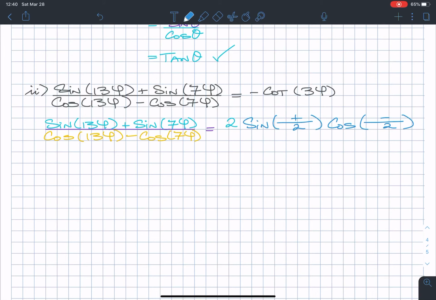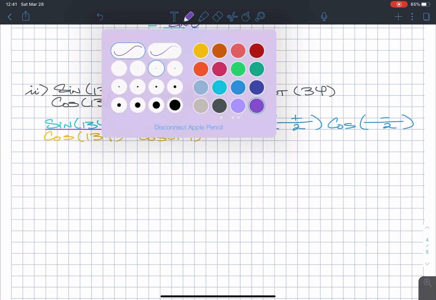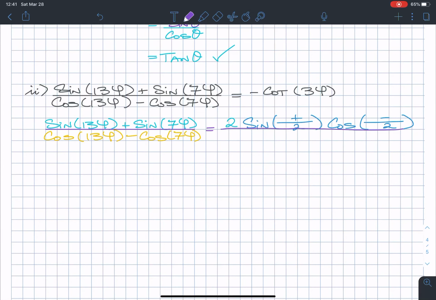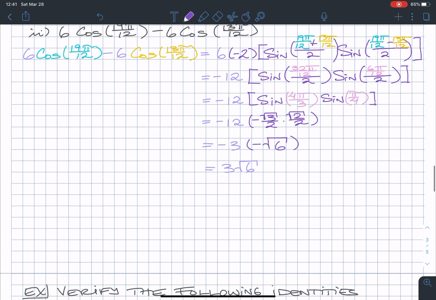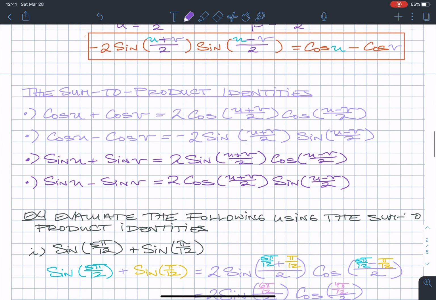And we're dividing that by cosine of u minus v. What was that again? That's the second identity, which is -2 sine of the sum over 2, sine of the difference over 2.